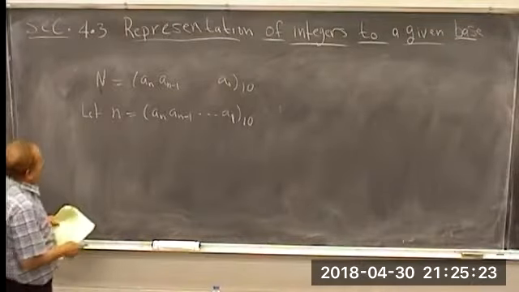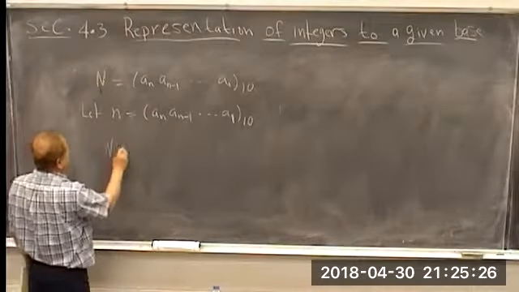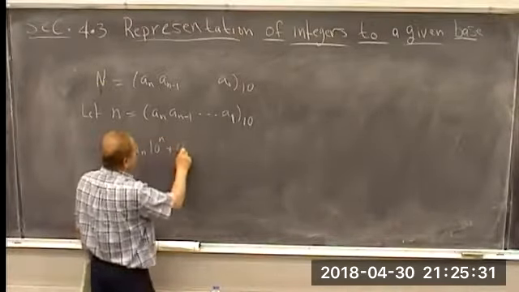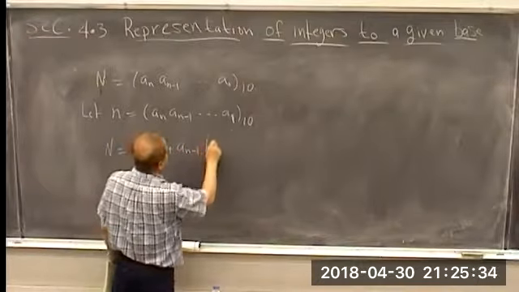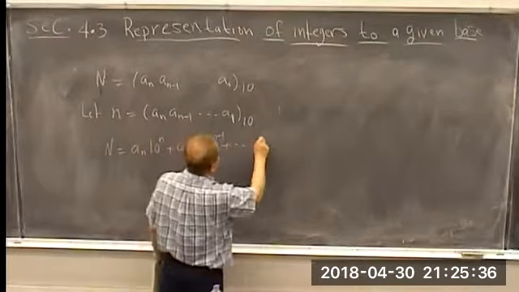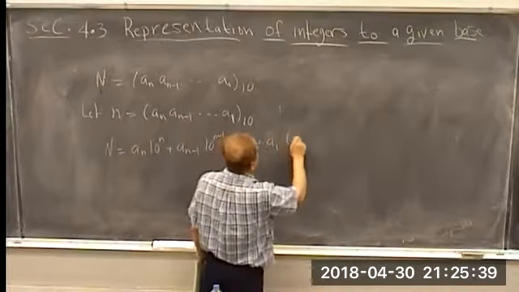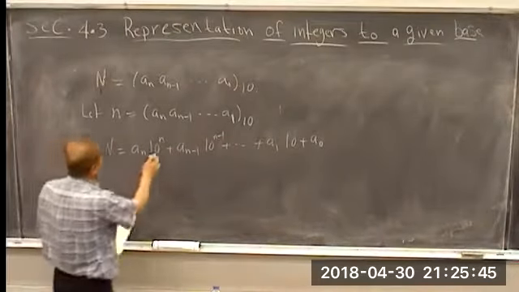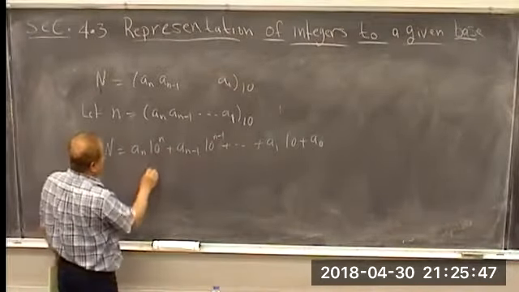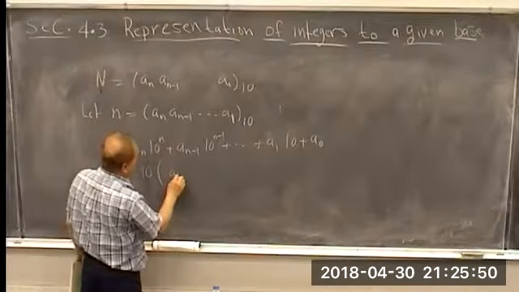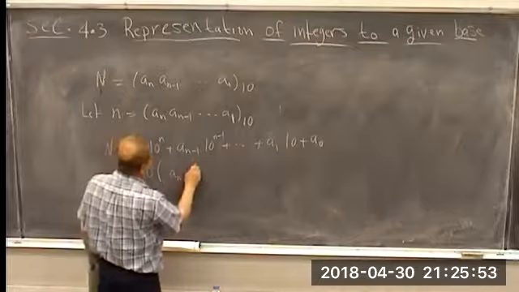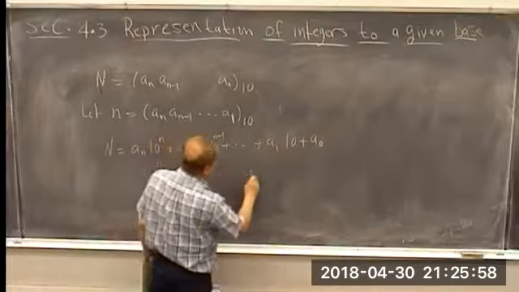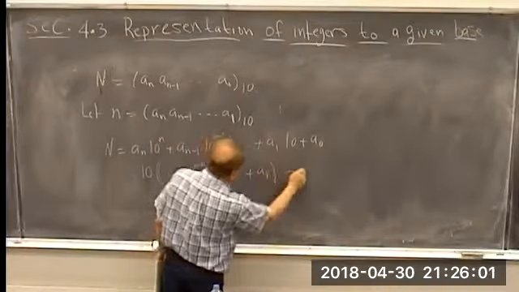Now, I know that the number n, which is equal to a_k 10^k, when we expand this, plus a_1 times 10 plus a_0. If I take a common factor of 10 from this, then I end up with a_k 10^(k-1) plus a_(k-1) 10^(k-2), and so on, plus a_1, plus a_0.